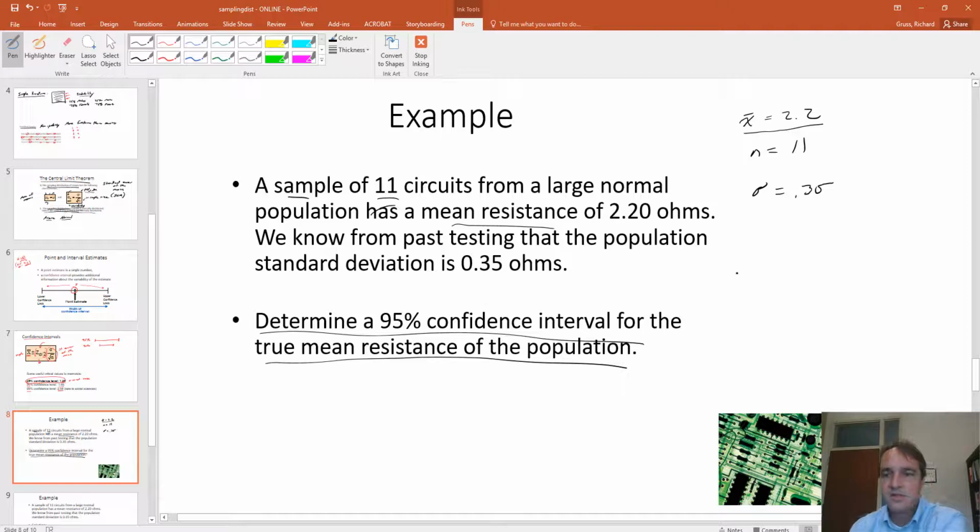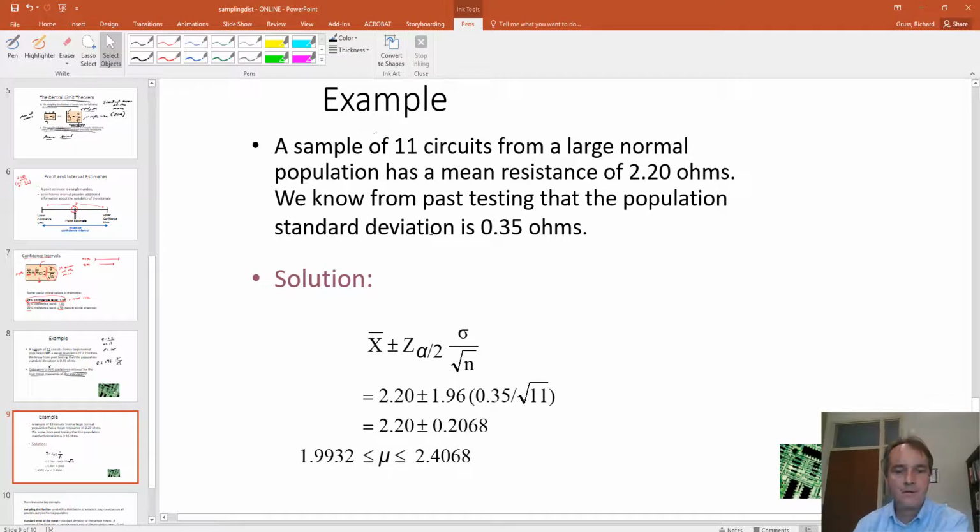The confidence interval is going to be the sample mean plus or minus, and because it's 95%, as a guideline just use 1.96 times the standard error of the mean. So it's times the population standard deviation divided by the square root of 11. We worked it out over here: there's the sample mean, the standard error of the mean, and our multiplier.